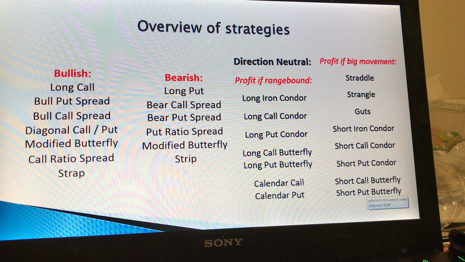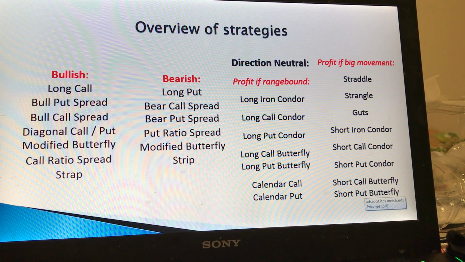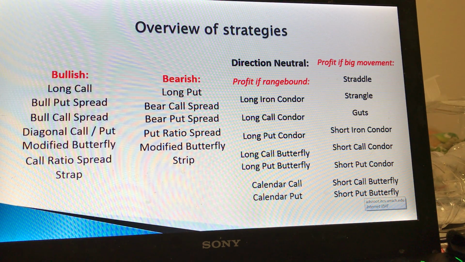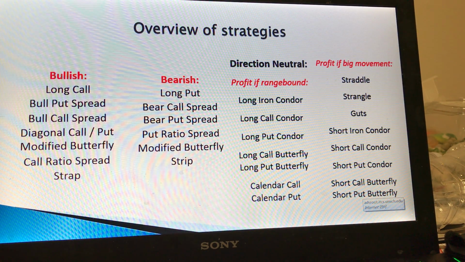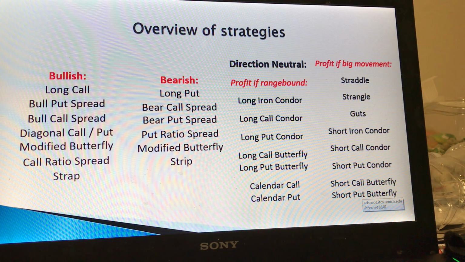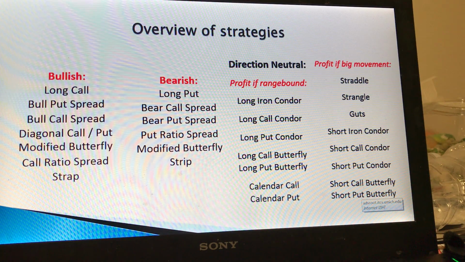And a calendar call, which uses options with the same strike but different expiration dates. You definitely hope it stays in the specific range for you to profit, or else it decreases in value. And a calendar put, which uses put options.